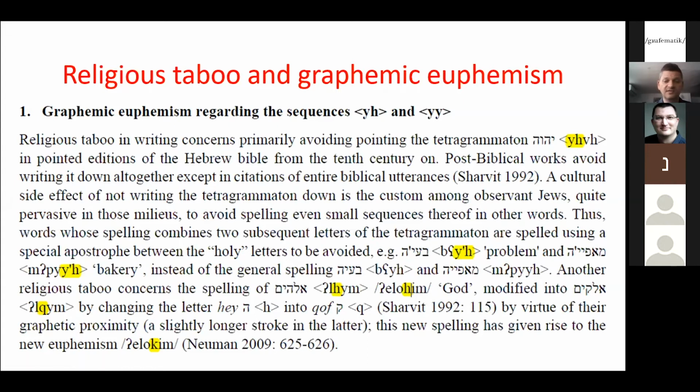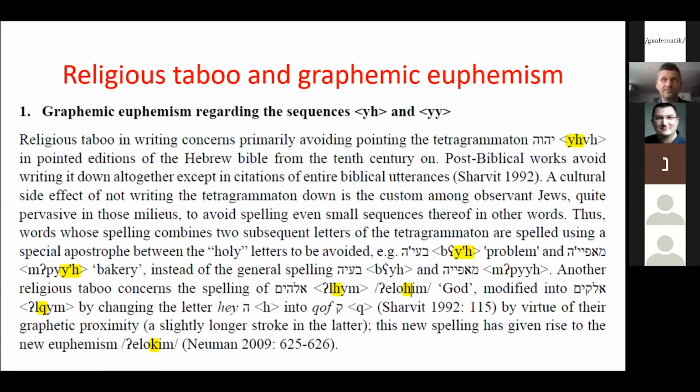So a word like be'aya, which means a problem, they would spell with an apostrophe between the letters Yod and Hey, to avoid what is considered sacred.